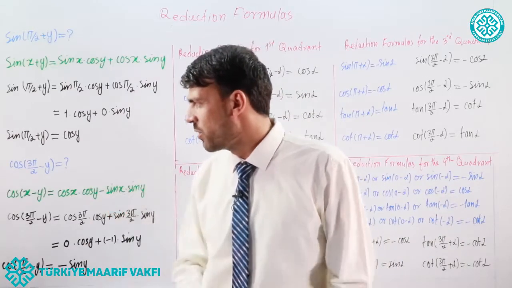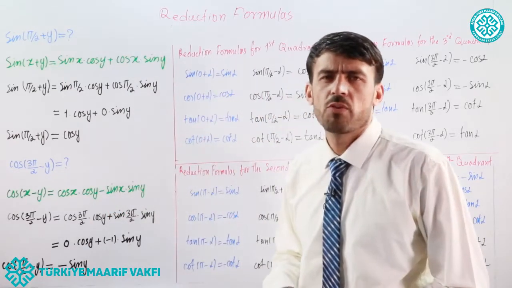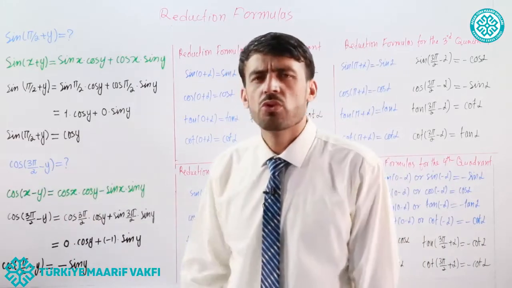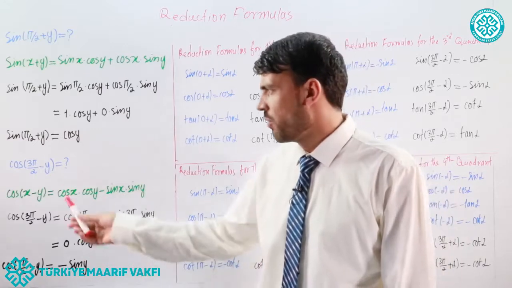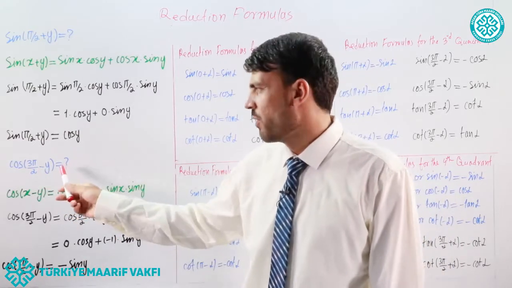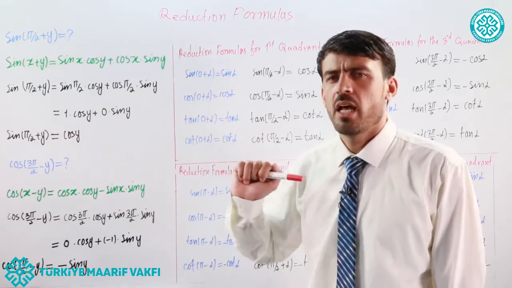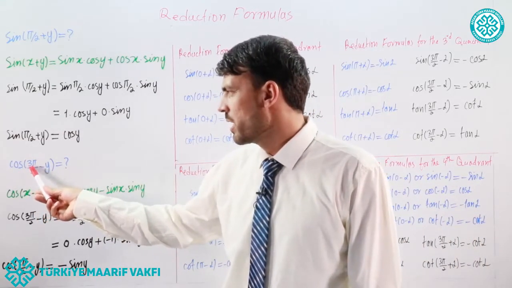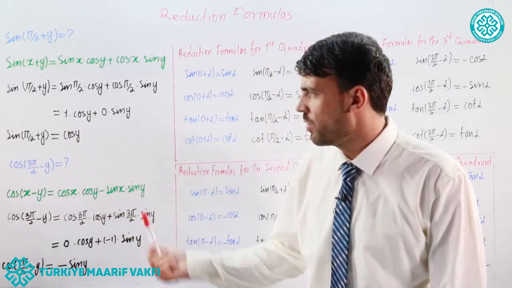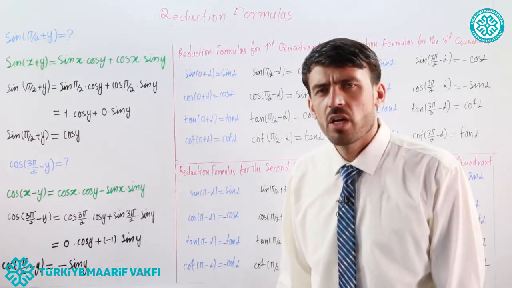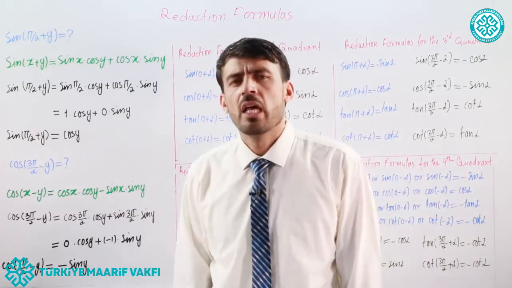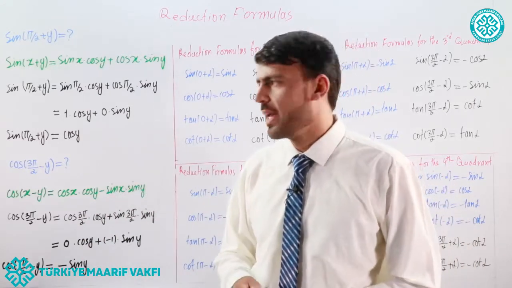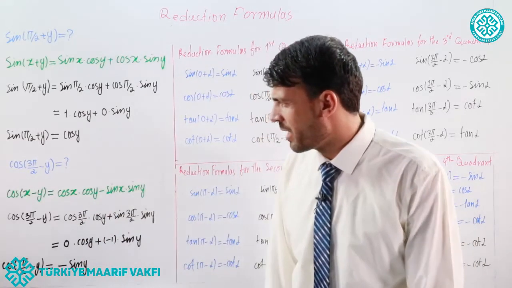Also, we can use difference formulas for sine, cosine, tangent, and cotangent. But here we are going to derive a relation for cosine function for a variable angle and a quadrantal angle. The angle is 3 pi over 2 minus y. 3 pi over 2 is a quadrantal angle whose terminal side coincides with the negative side of the y-axis, and y is the variable angle.